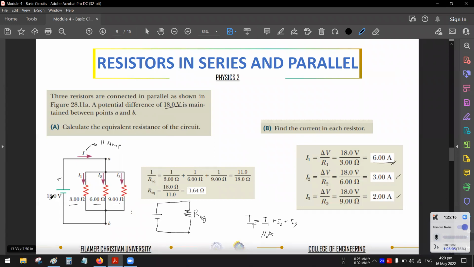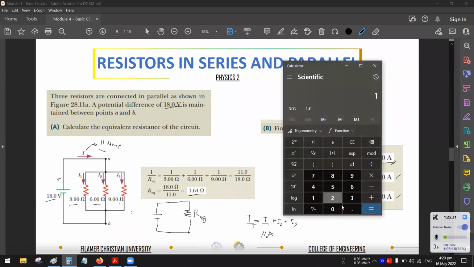So, to check natin kung tama ba yung 18 volts, multiply mo lang to 1.64 sa 11. Tama ba? Check natin, ha. 1.64 times 11. Ayan. 18 volts nga. 18.04 volts.